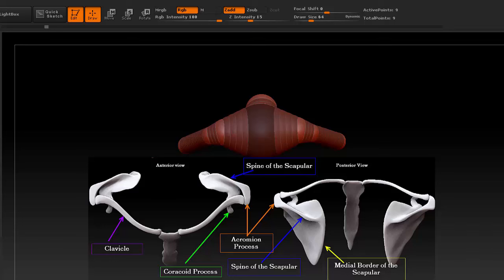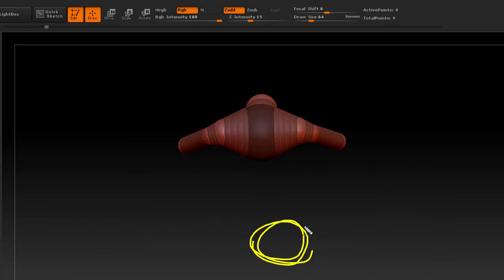A lot of people may be creating the initial base mesh, whether in another program or even within ZBrush, and they may create it more like there's the torso, and we're looking from above here, and then we've got the shoulders that come out like that. Okay, that's wrong. By doing this, you're essentially placing the shoulders dead in the middle of the torso.